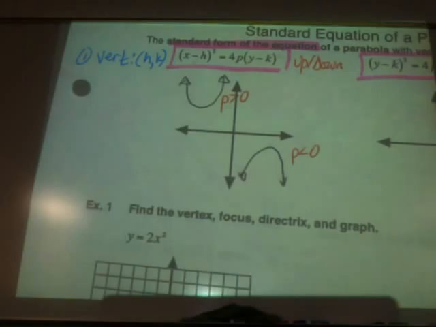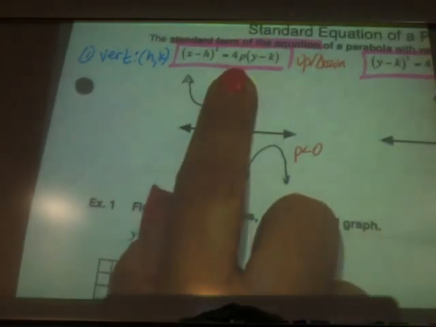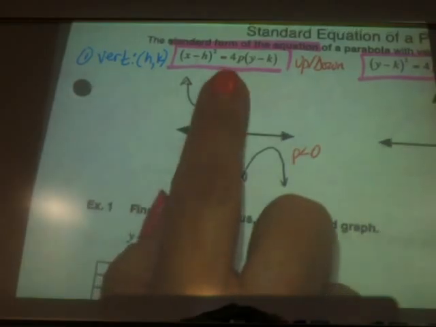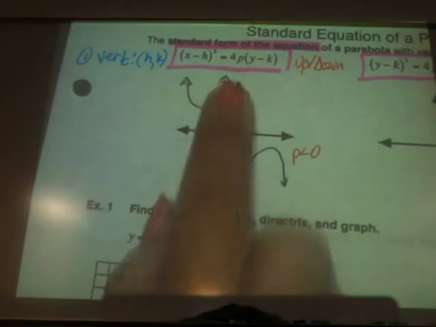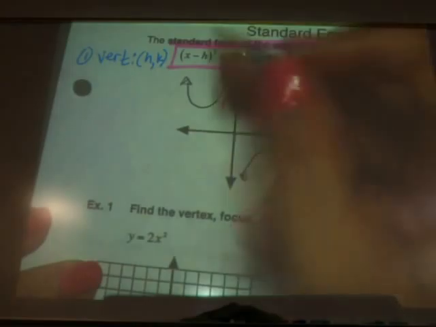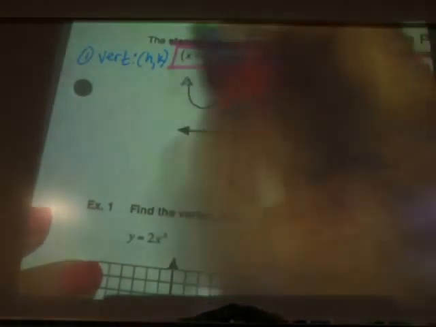Then the other thing that I can tell is what p is. And we'll go through a very specific thing, but you're going to have to be able to find p, because remember, p is that distance that the vertex is from the focus and the directrix. So if this opens up, wouldn't my focus be right here?